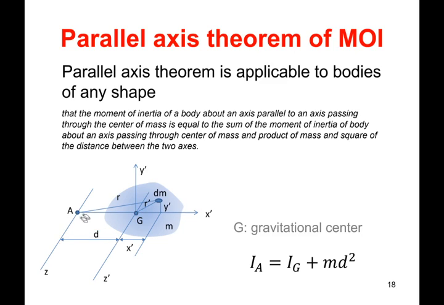So you have to keep that in mind. And this is a general definition. Then multiply the square of that distance by the mass of the body, and add the moment of inertia around the center of gravity to it. So this will give you the moment of inertia around the new frame of reference, if you will.